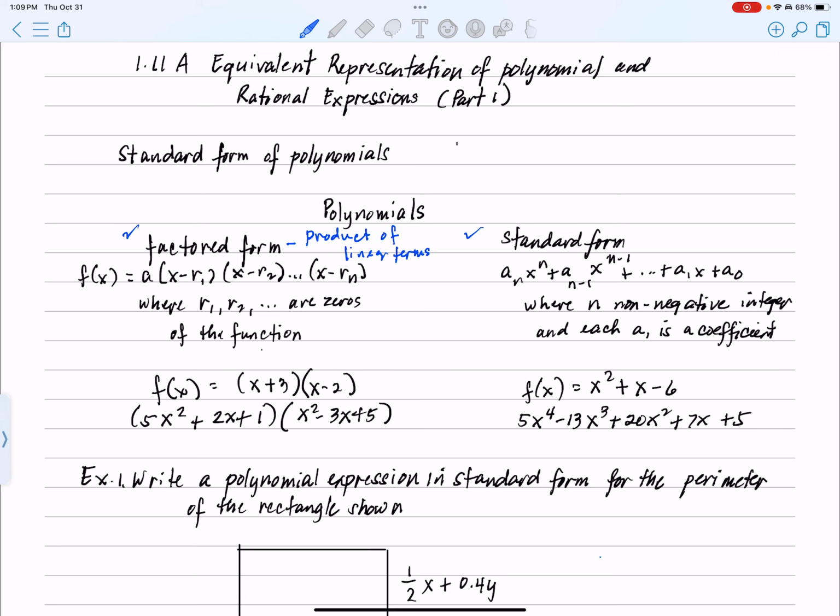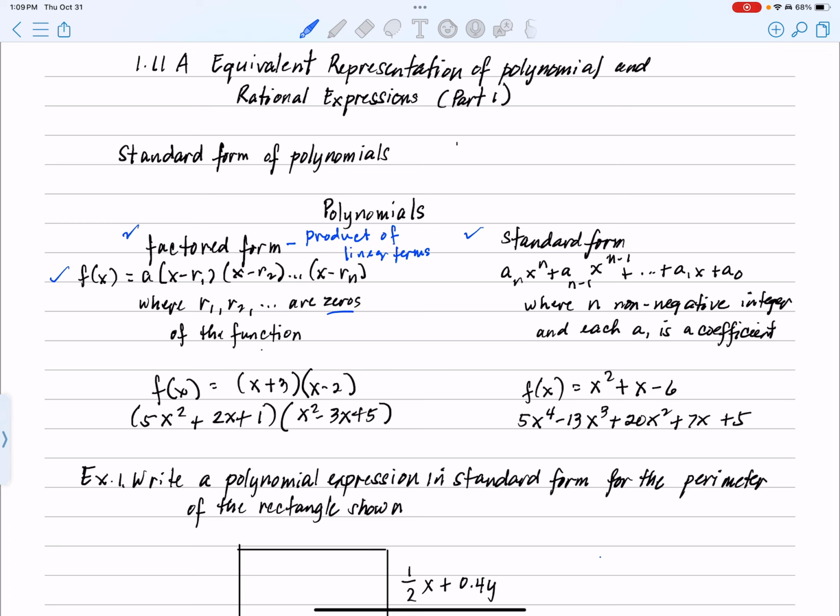This can be expressed as f of x equals a times x minus r sub 1 times x minus r sub 2 and so on until x minus r sub n, where r sub 1, r sub 2 are zeros of the function.